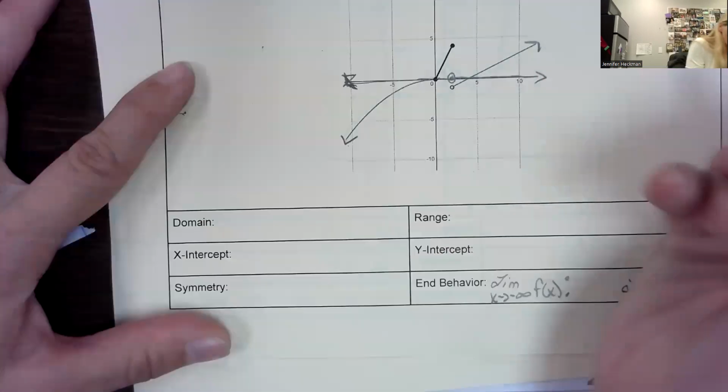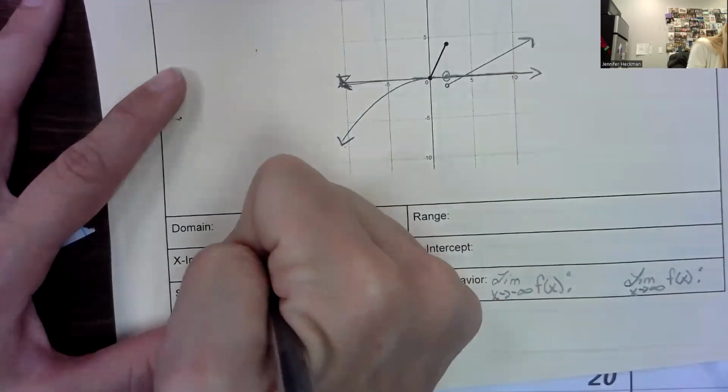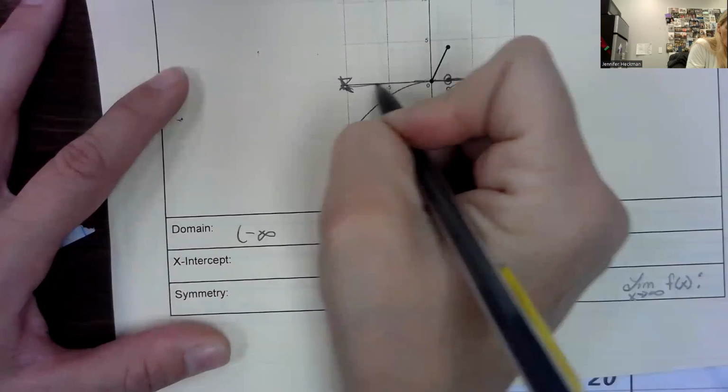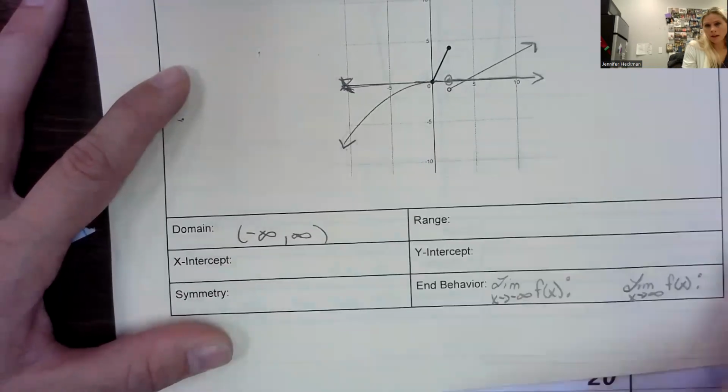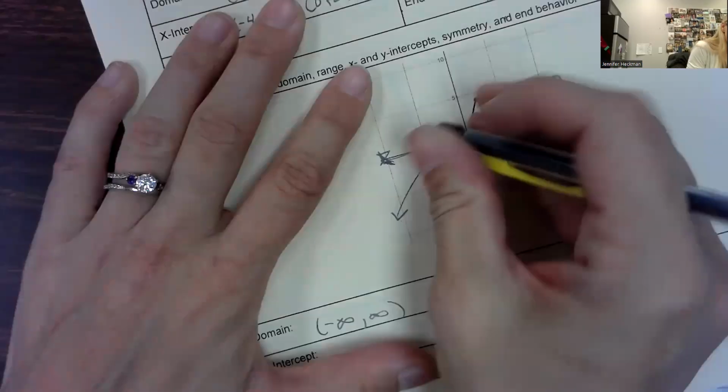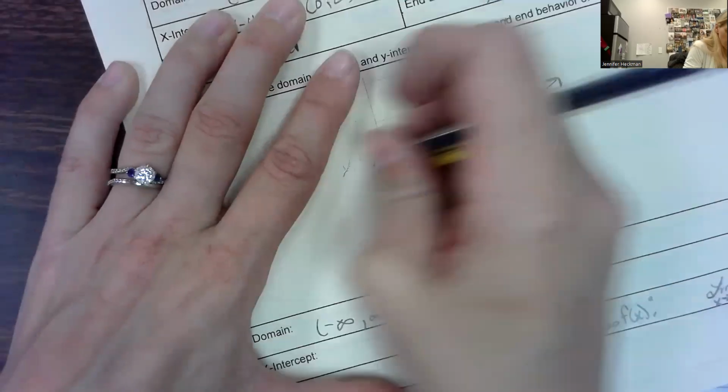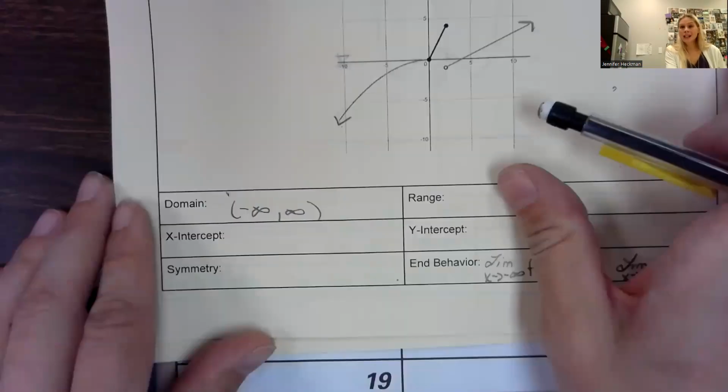So my arrows go from -infinity and we keep going all the way to infinity. Okay. I'm going to erase this so I don't confuse myself on my graph. That's how to do it there.